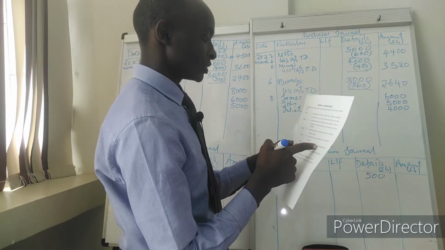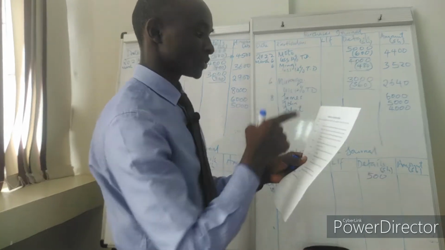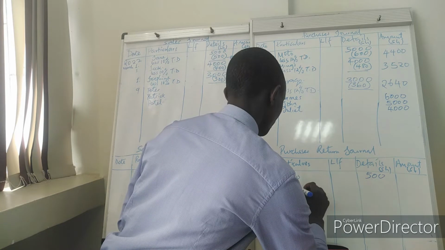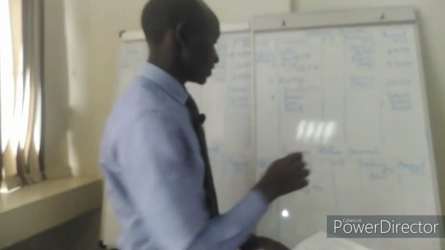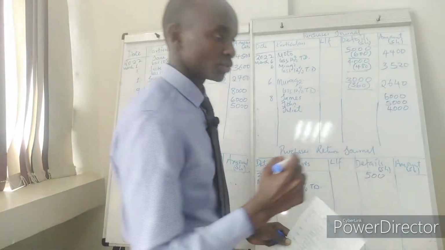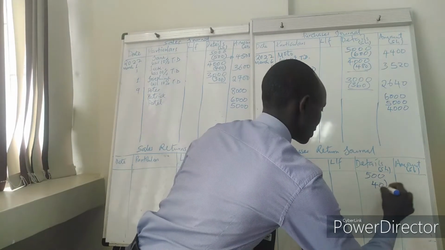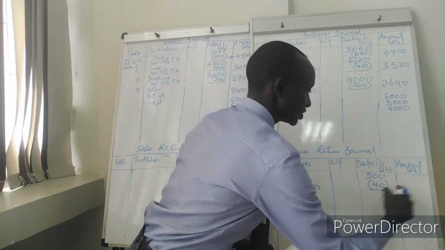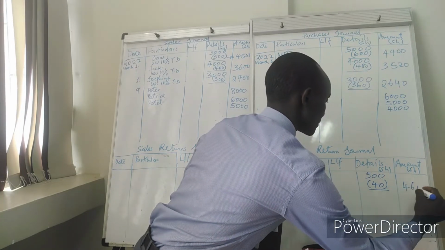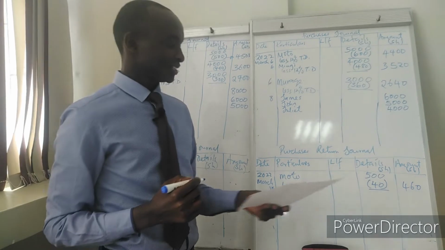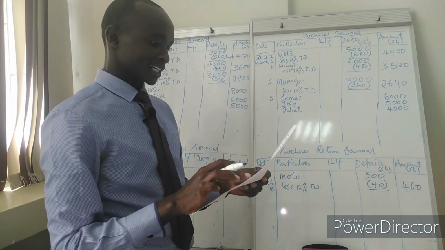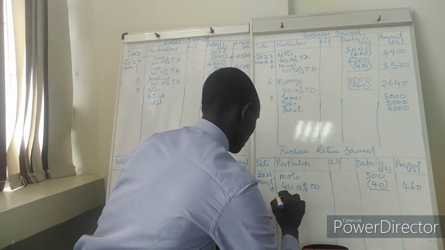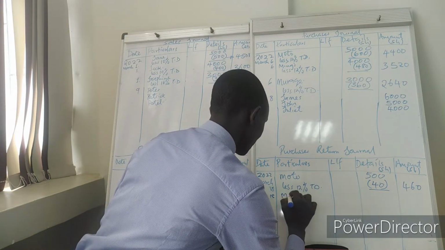Moto had allowed 12% discount to Mike Mickey. 12% trade discount. 12% of 500 is equivalent to 60, right? 500 minus 60 is 440. I want to believe that's the exact figure. And then also Mike Mickey return goods to Mingi. We write the same date, Mingi.